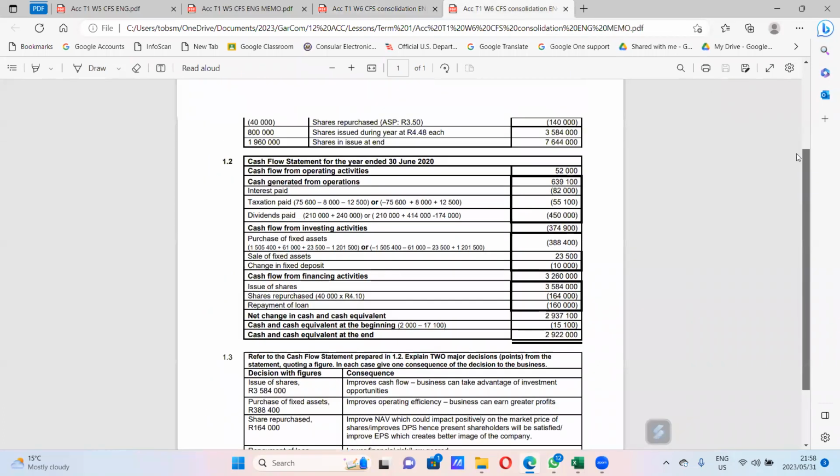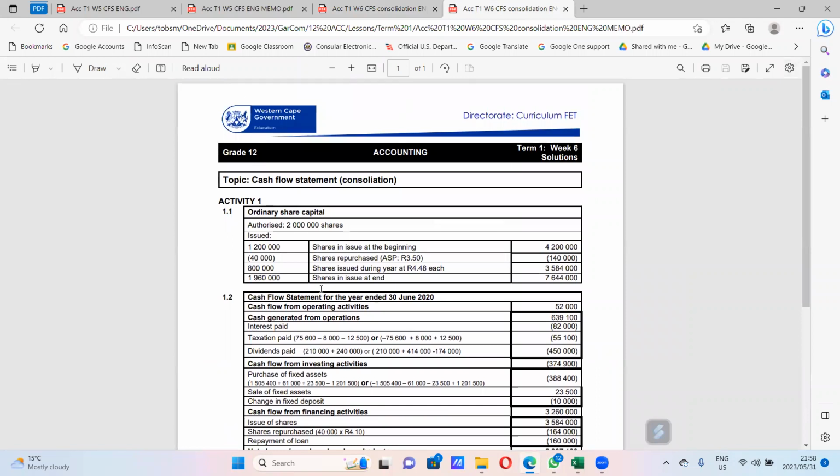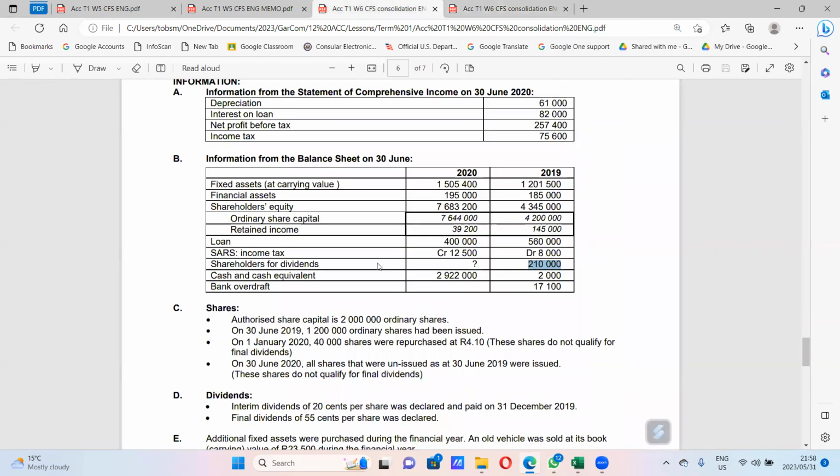So let's look at this note. Let's go back. Interim dividends of 20 cents per share was declared and paid on 31 December.